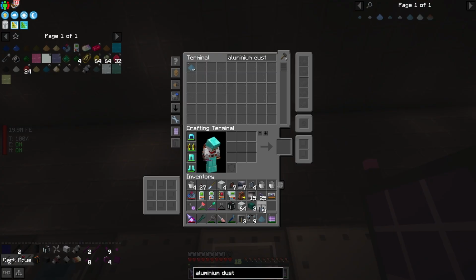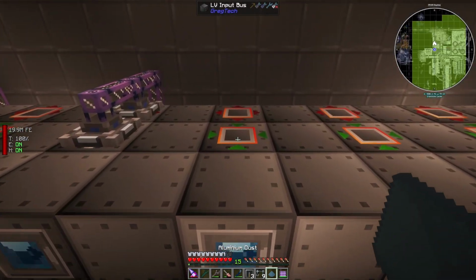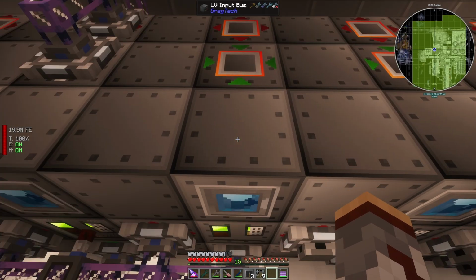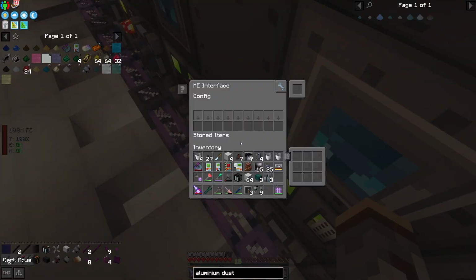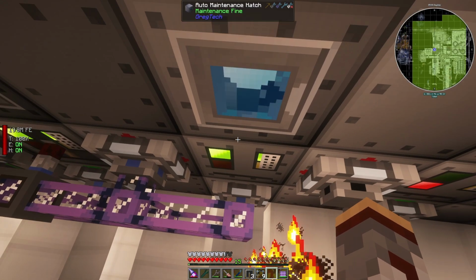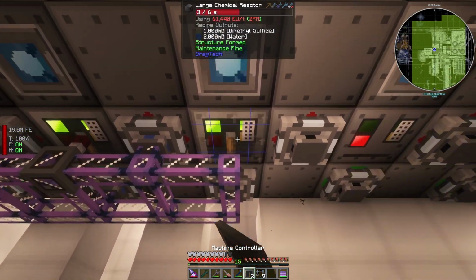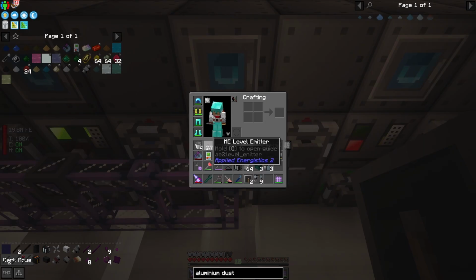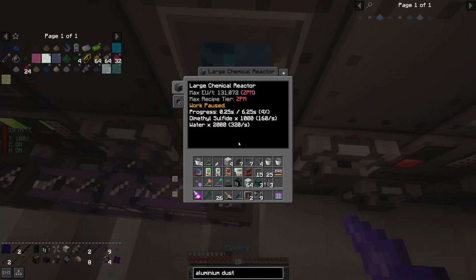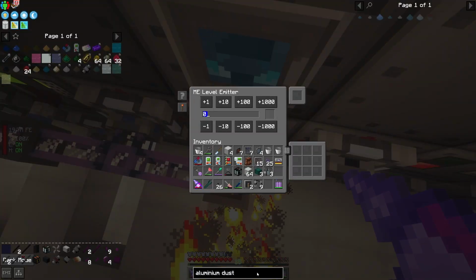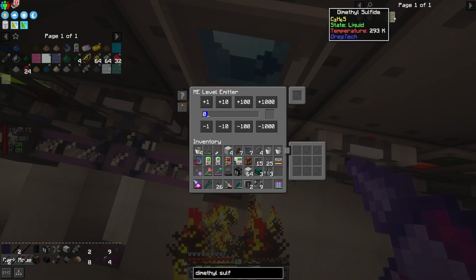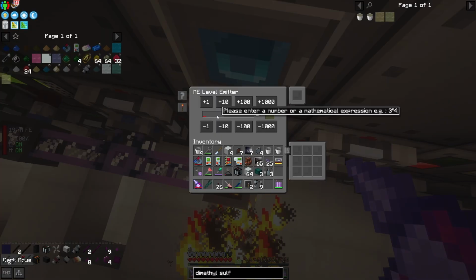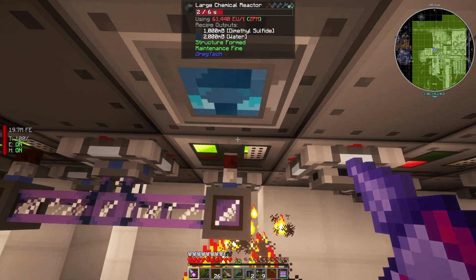Got 1 million of it. I don't know if I have a tank of these, but maybe I should think about doing that. All right, so the dimethyl sulfide. Yep, okay, that's happy.